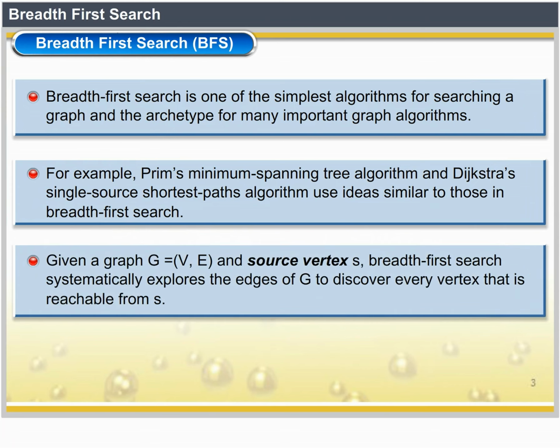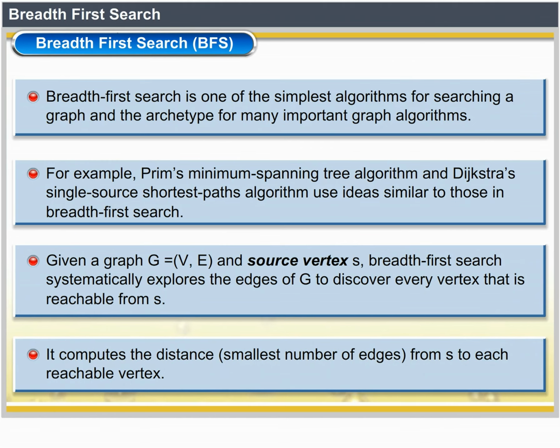Given a graph G = (V, E) and source vertex S, breadth first search systematically explores the edges of G to discover every vertex that is reachable from S. It computes the distance, smallest number of edges, from S to each reachable vertex.